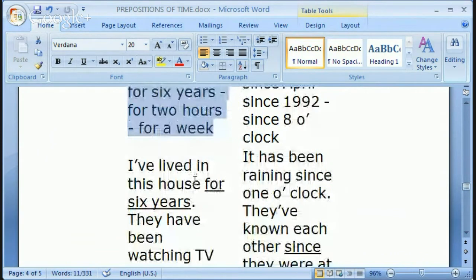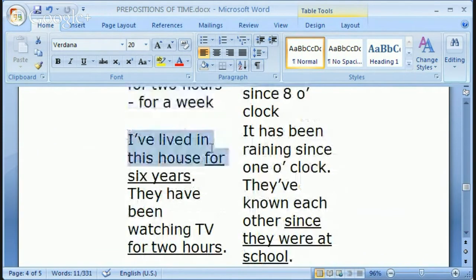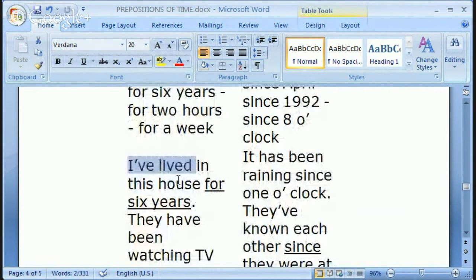For example, I have lived in this house for six years. Notice the use of the present perfect tense. This is very common with for, meaning up until now. I've lived in this house for six years implies from the last six years until this very moment I am speaking.